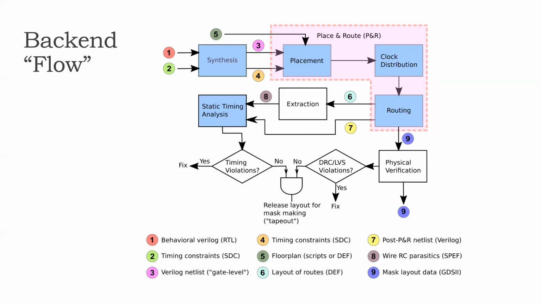But today's placement tools are often very advanced. They can do some amount of logic restructuring. So when the synthesis tool generates a netlist, the placement tool can actually modify that netlist. It can, for example, convert a NAND gate into an AND gate and an inverter, just to take a simple example. But it can even do more complex logic restructuring.